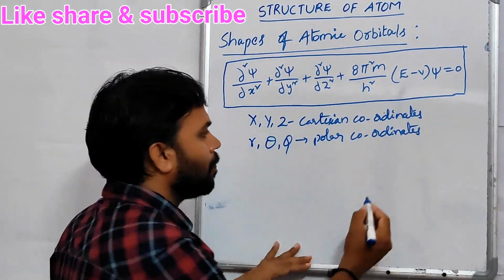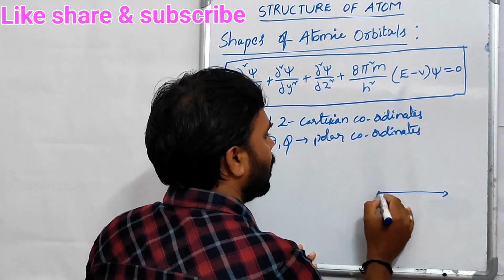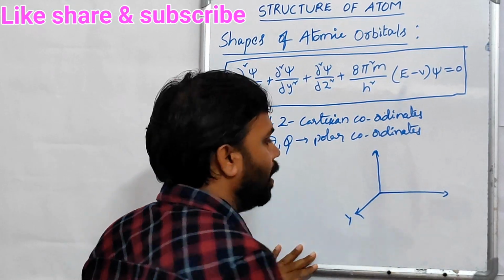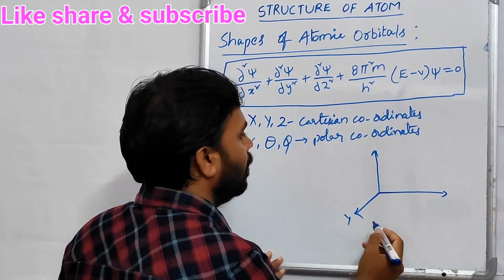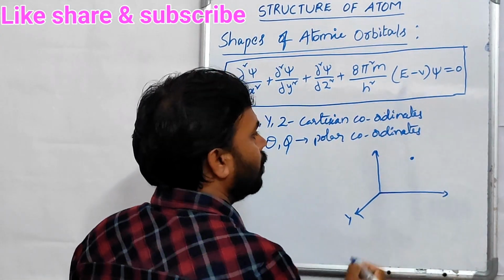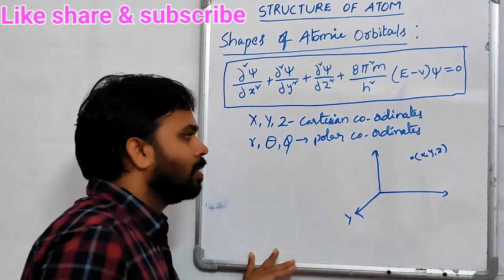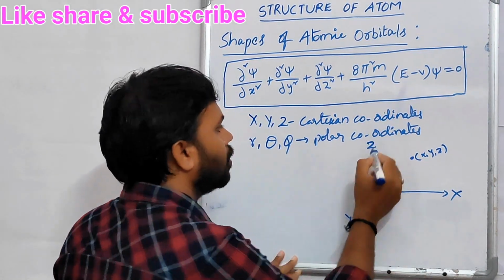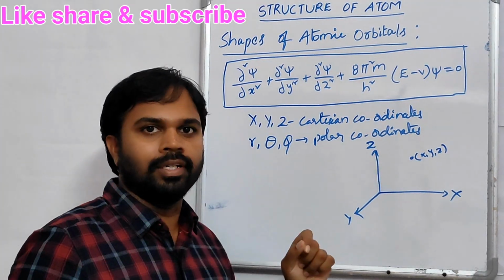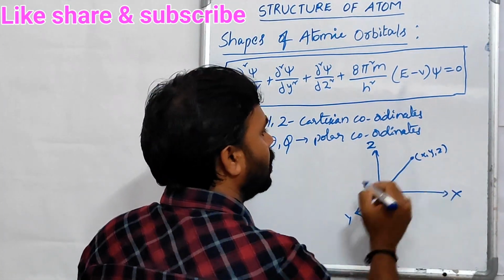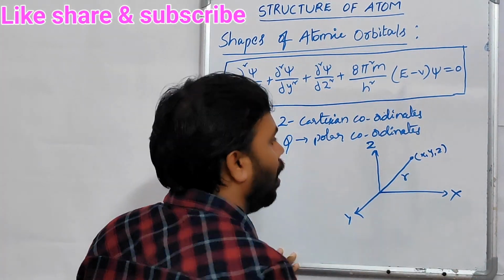Let's understand. This is the x-axis, this is the z-axis, and this is the y-axis in three-dimensional space. In this, let's assume this is a point. It is x, y, z. These are called Cartesian coordinates. And when I draw a line from the origin to this point, the radius is r.